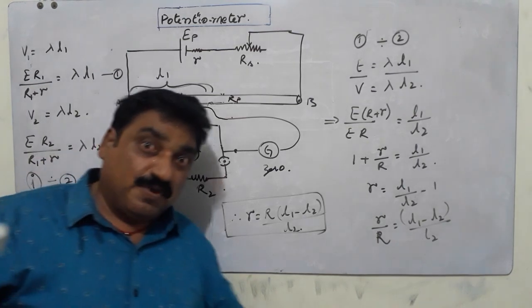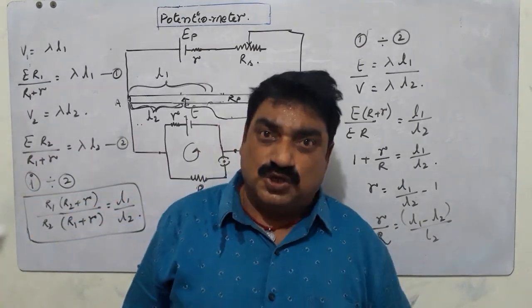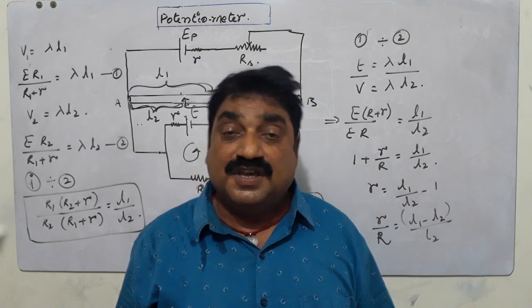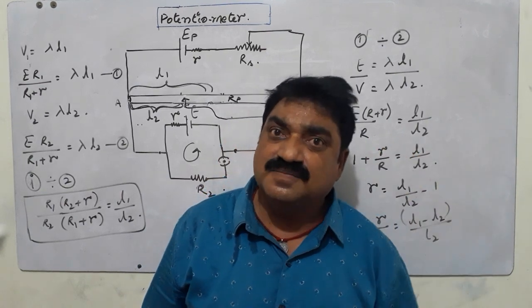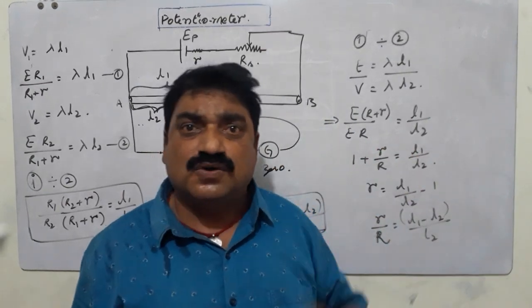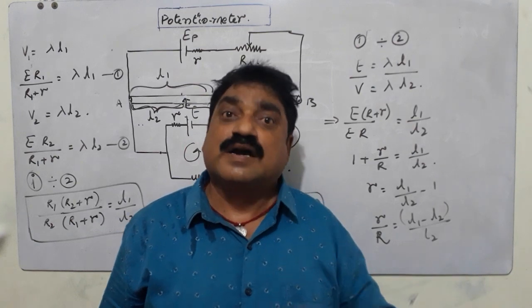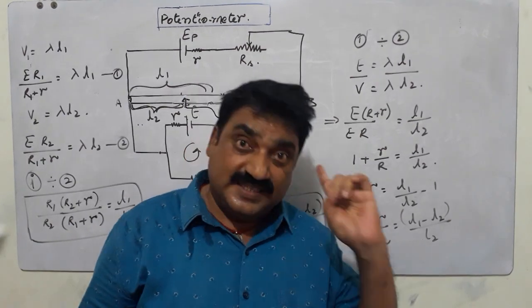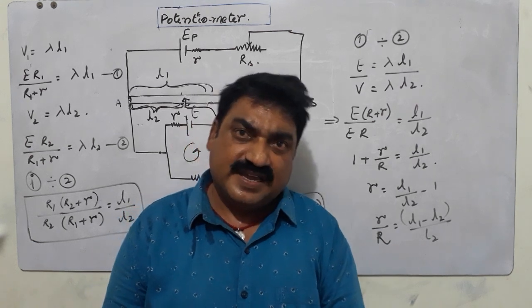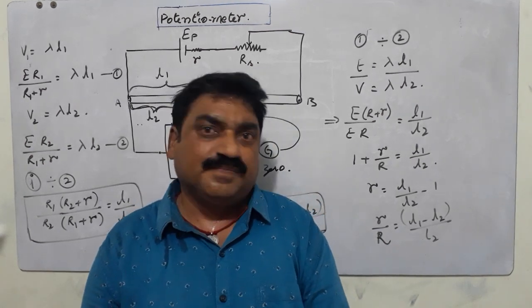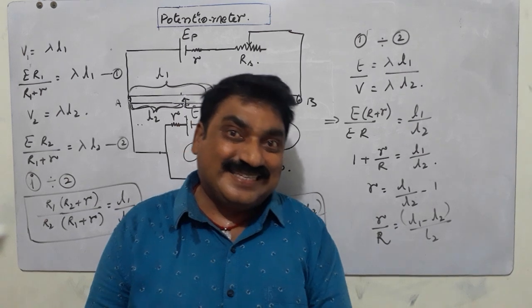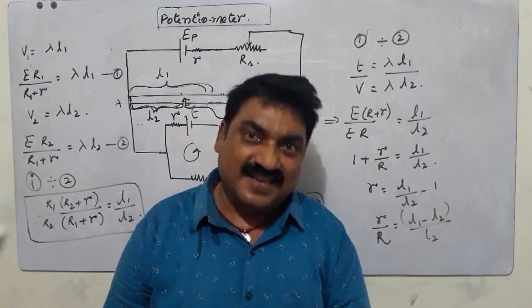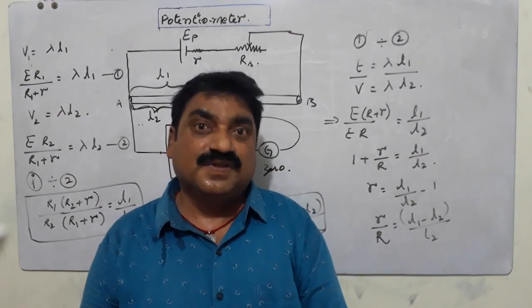So, the potentiometer is a device used to determine the EMF of a standard cell, and it is also used to compare EMFs of different cells, and this same instrument can be used to determine the internal resistance of any given cell.